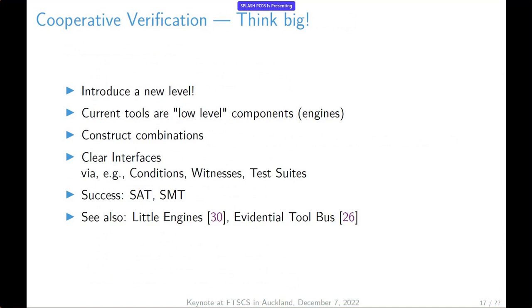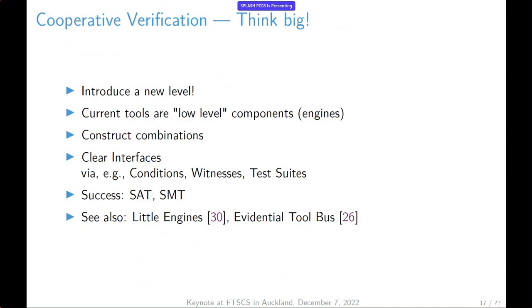Now, what I envision is, let's put a layer on top of this and use verification engines like a library, right? So that if somebody constructs a verification tool, this developer can leverage and use all the verification technology that is available in other verification tools. Currently, this is not possible.